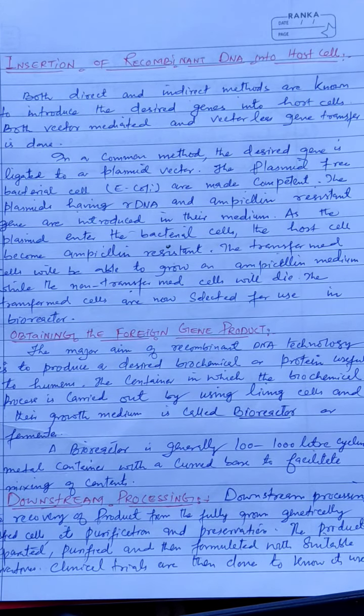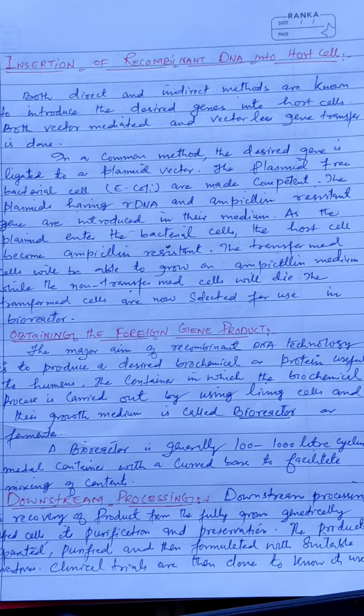Hello, dear students. Today we will be discussing the fourth step of recombinant DNA technology. In the previous lecture, we mentioned how we do the isolation of the DNA from a cultured cell, and then how we separated the desired gene or DNA fragment with the help of restriction endonuclease.